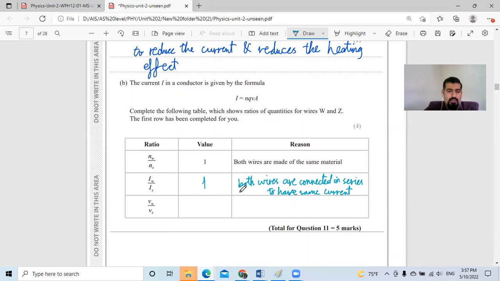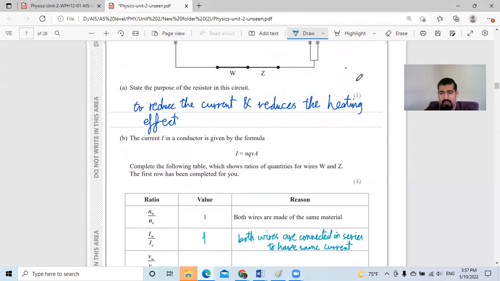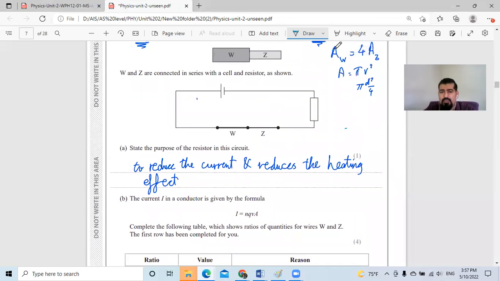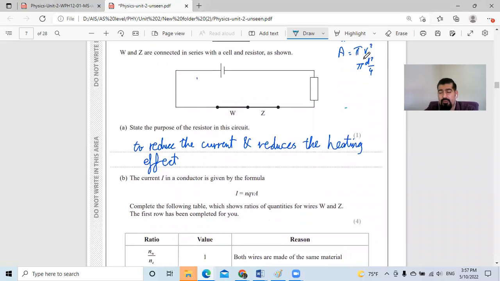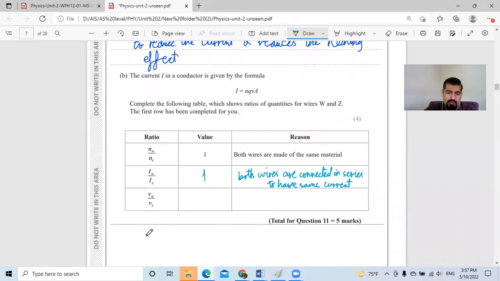Next, what they ask here: the drift velocity for W over the drift velocity of Z. Now we know that the cross-section area for W is 4 times the cross-section area for Z. Now we know that the drift velocity is inversely proportional to the cross-section area from this formula.